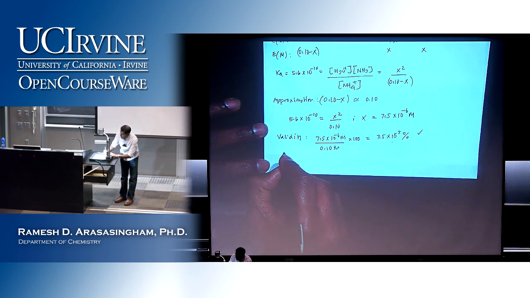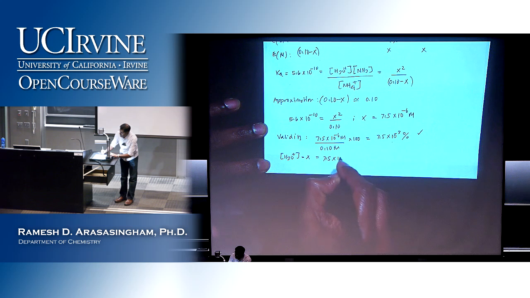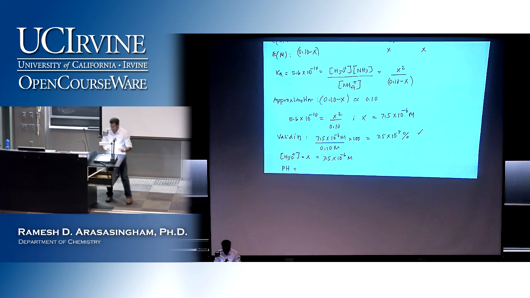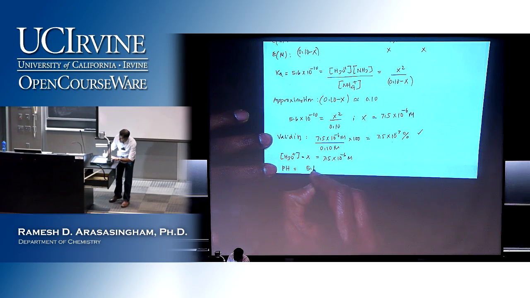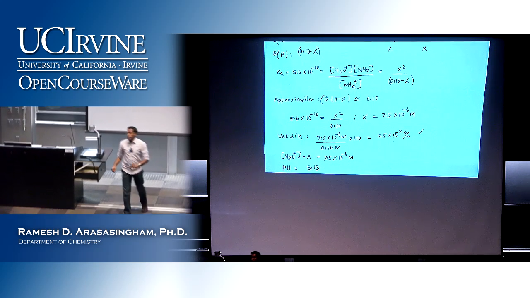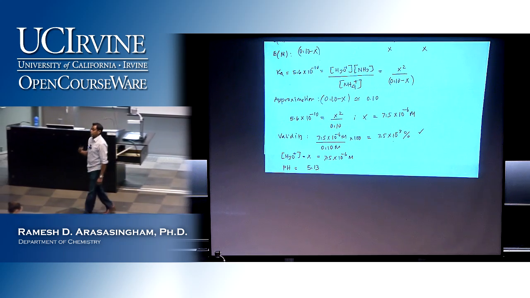And so now I can say my hydronium ion concentration equals x, which is 7.5 times 10 to the negative 6 molar. Therefore, if I take the pH of that, you take the negative log, and my pH comes out to be 5.13.